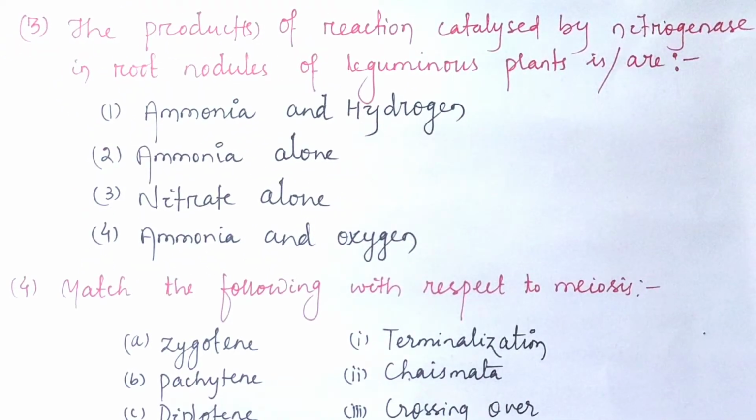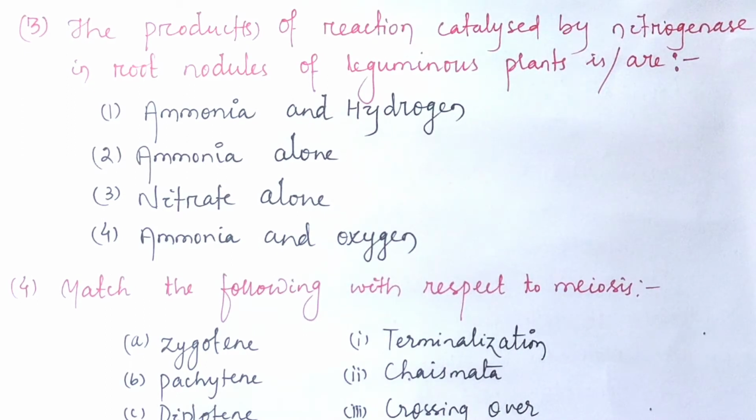Then question number 3. The product of reaction catalyzed by nitrogenase in root nodules of leguminous plant is option 1 ammonia and hydrogen, option 2 ammonia alone, option 3 nitrate alone, and option 4 ammonia and oxygen.